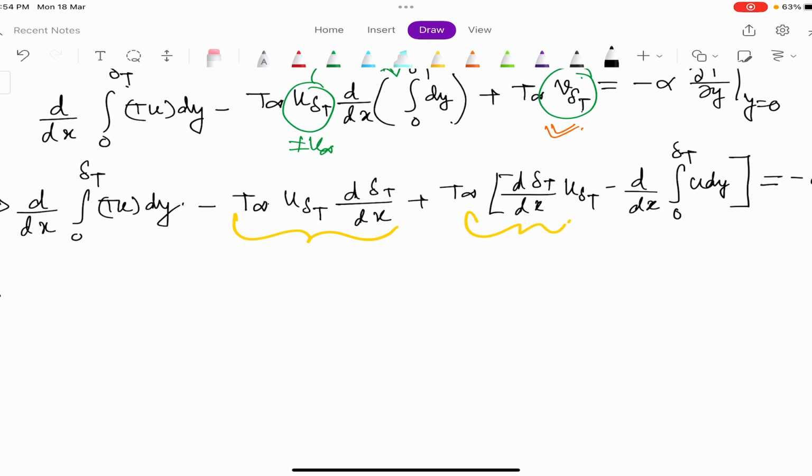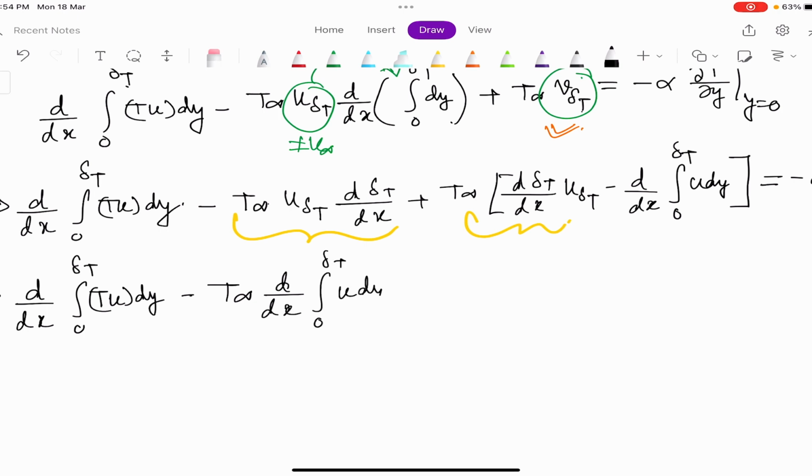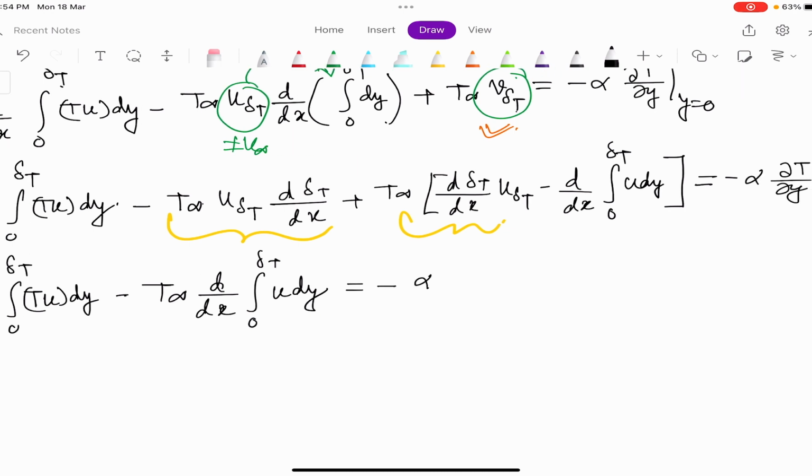Fortunately, by finding v at delta t, we have got rid of this term also. So this will be the integral term minus T infinity d/dx of the integral from 0 to delta t of u dy, equal to minus alpha times this thing.